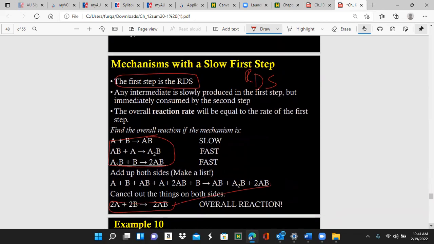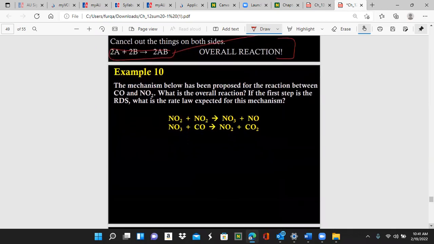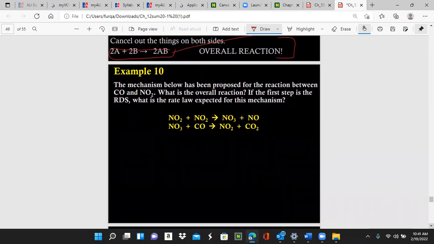What we see as a balanced chemical equation is actually happening step by step behind the curtain. When we add these three reactions together, we find the equation of interest. Out of these three, there is one which is the slowest, and that is the rate determining step.